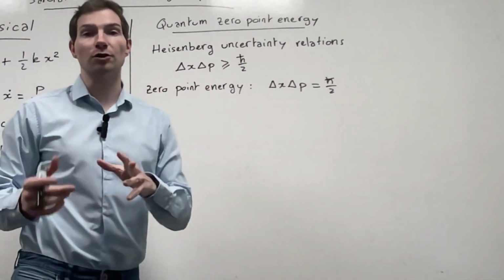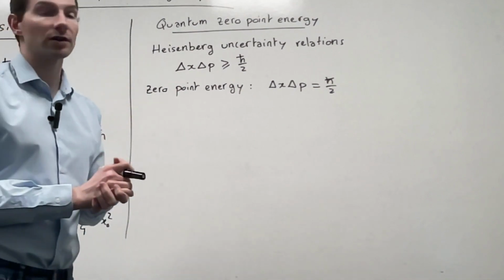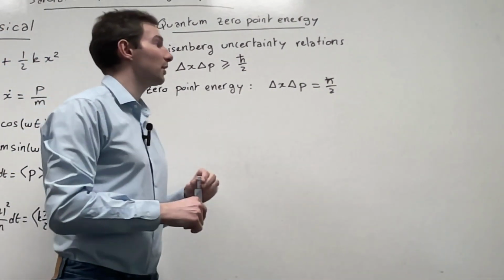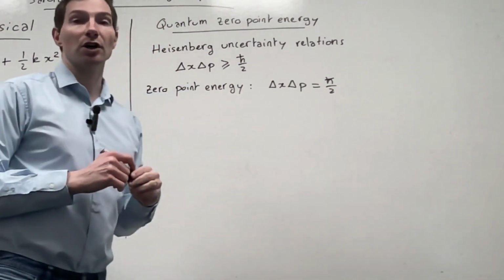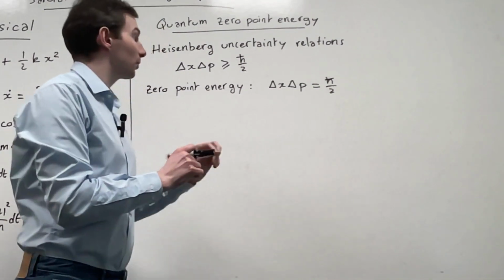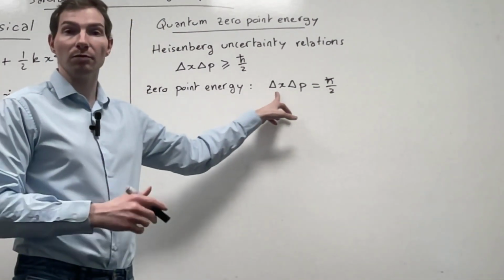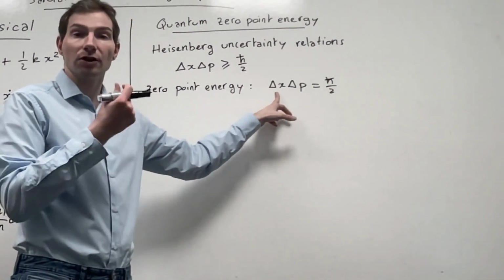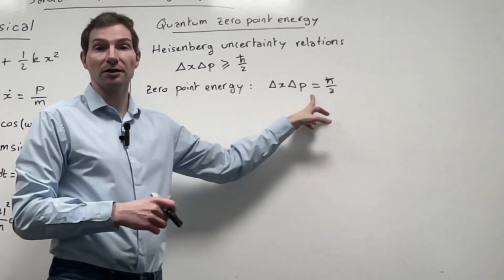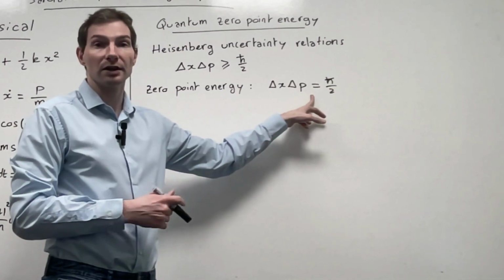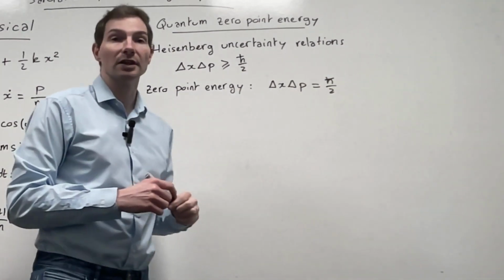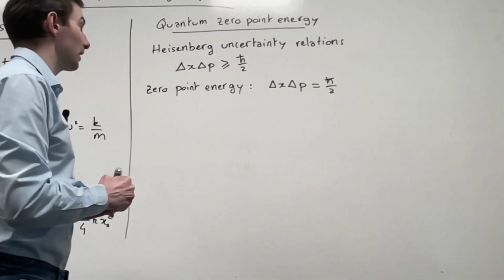This is h over 2 pi, and h is the Planck constant. So delta x, delta p is equal to h bar over 2. Now, because I cannot go below that, I cannot have an energy such that this is not satisfied, because that's what these inequalities are for. There is a lower bound to the possibilities for delta x and delta p for the product.